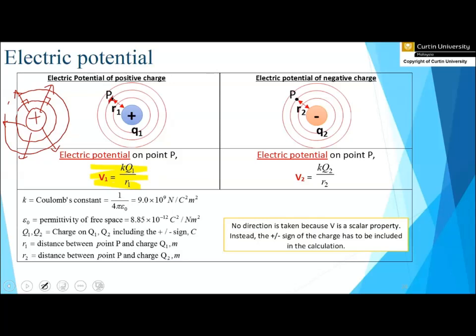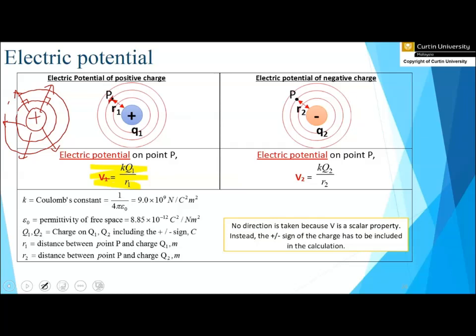If this is the point where I need to check the potential, it will equal Coulomb's constant times Q1, which is this charge that contributes to the potential at this point, divided by R1, which is the distance between point P and Q1.